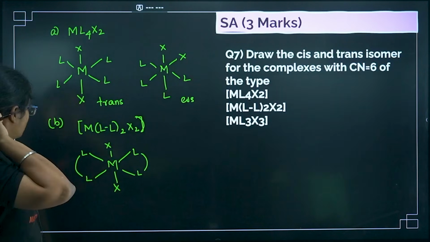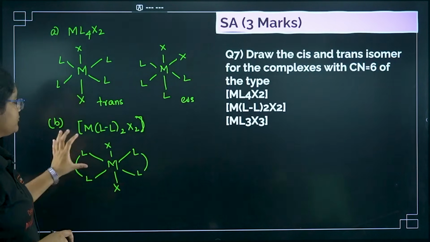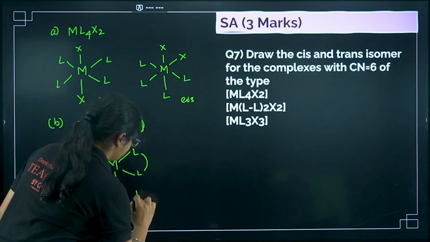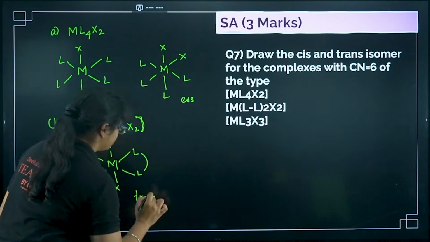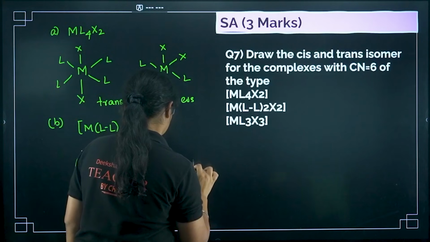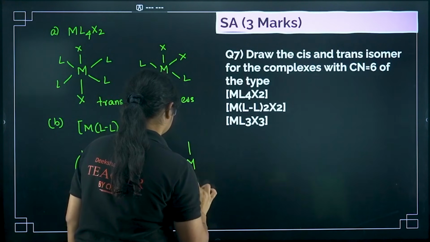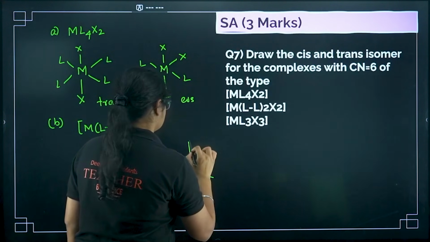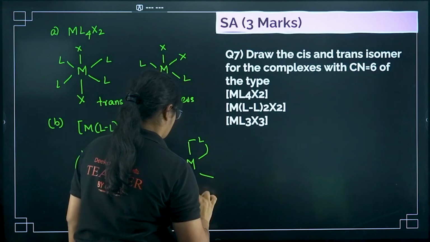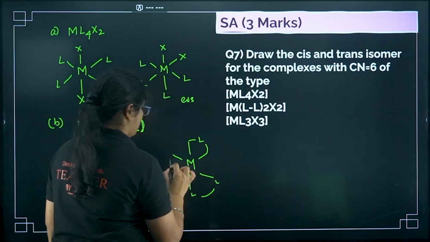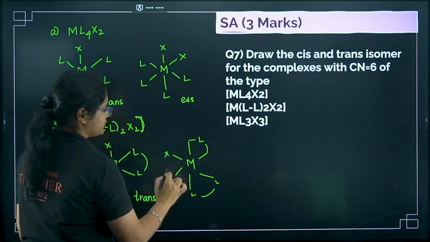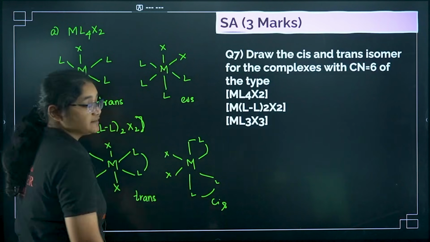So now this one is what? This is my trans form. Now how will be the cis form? The cis form will be M, you have like this, so I can have L here, and I can have L here, and you can have X and X. X are on the same side, so this is your cis isomer.